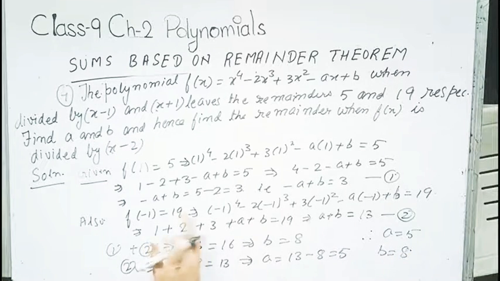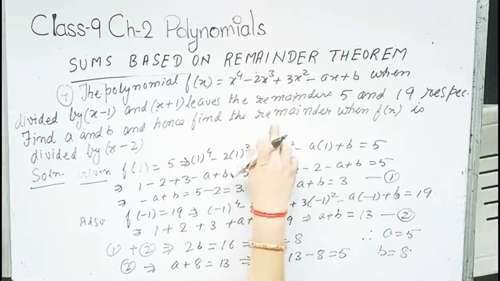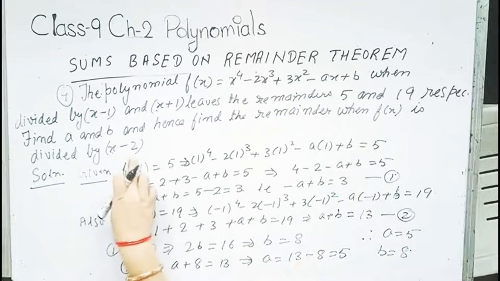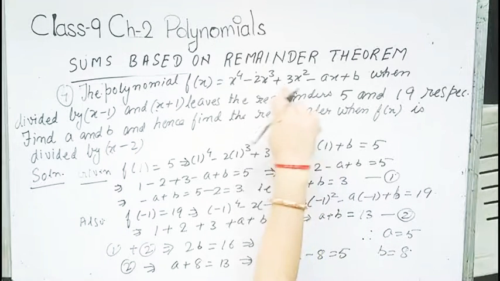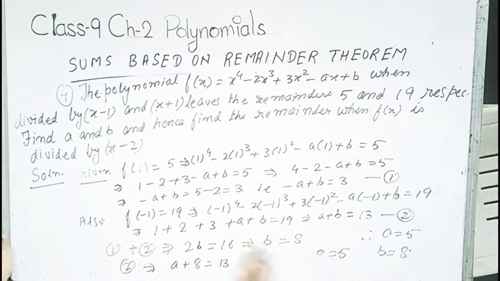The next part is saying also find the remainder when f(x) is divided by x minus 2. So now by putting a and b in f(x), we will be getting the value of f(x) first.